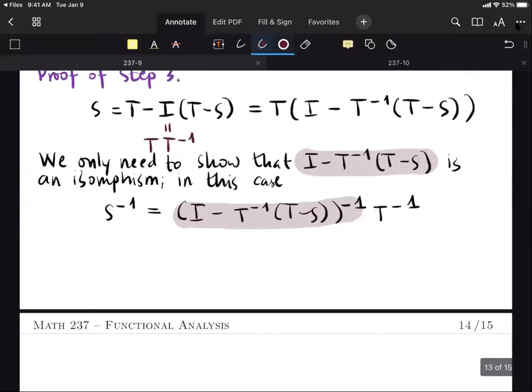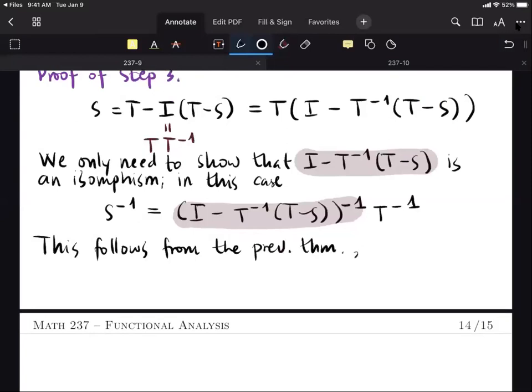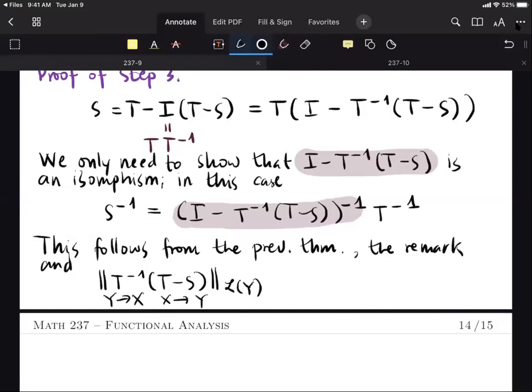So from those discussions, this follows from the previous theorem, the remark, and the fact that the norm of this, the norm here is taken in L of Y, because this maps from X to Y, and this maps from Y to X. So it should be X as well.